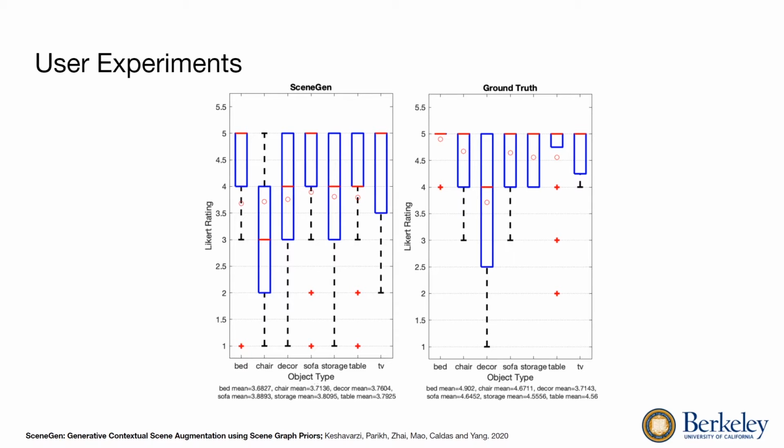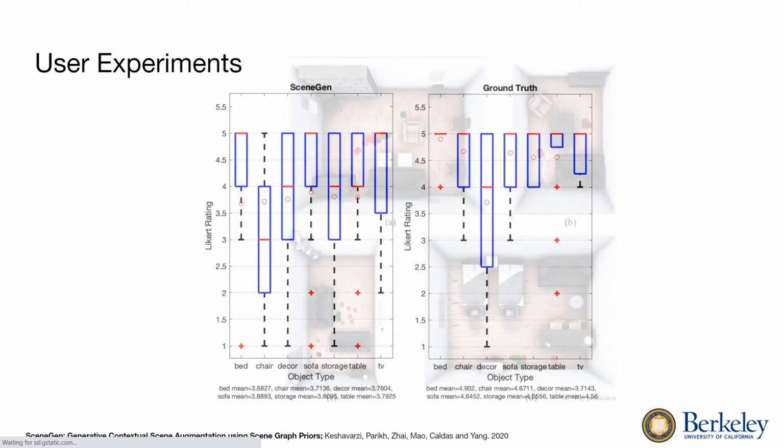We do see over here, for instance, the chair in SceneGen may not always work as well as the ground truth. Turns out, it's more of a subjective matter how you place a chair, because there are probably a lot of possible and even better placements that users thought could be used than the ground truth itself.